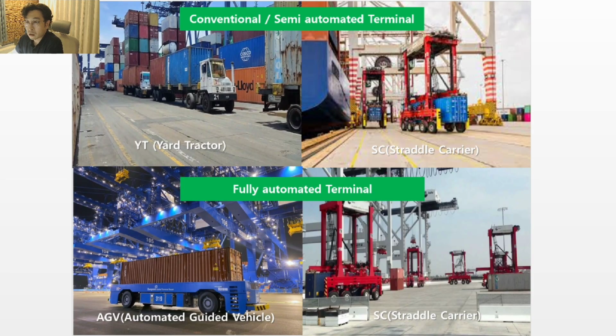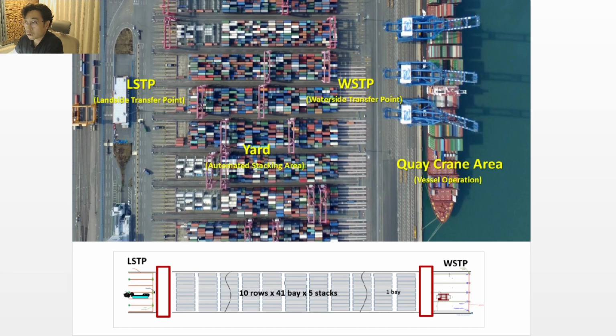Okay, then let me go on to the basic moving flow when container boxes are going into the terminal. Just suppose I'm a truck driver and I have a container box which is to be loaded onto this container ship.